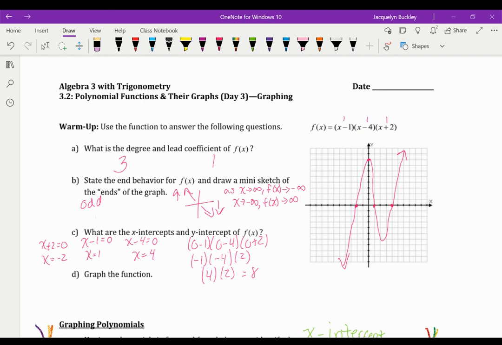This is a positive function. There's no negatives. Don't know where I got negative from. So that's our function. Okay.